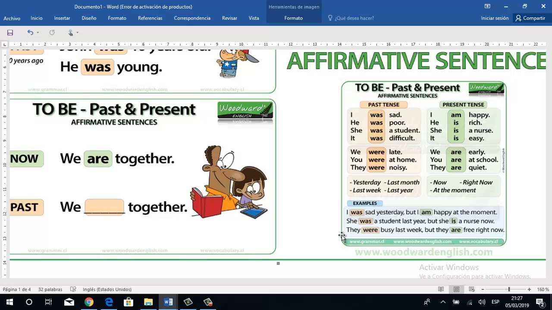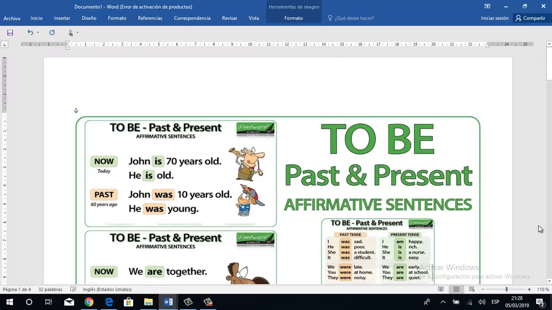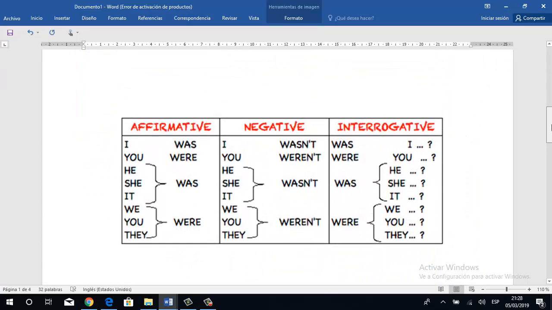So I imagine that you don't have so many questions, but anyway, we're going to see now a summary of all of this grammar, which comes in this chart. So in other words, when you're making an affirmative sentence with the verb to be in past, it is the same as in present: you use the subject at the beginning, the conjugation of the verb to be, and then comes the complement, as you know.